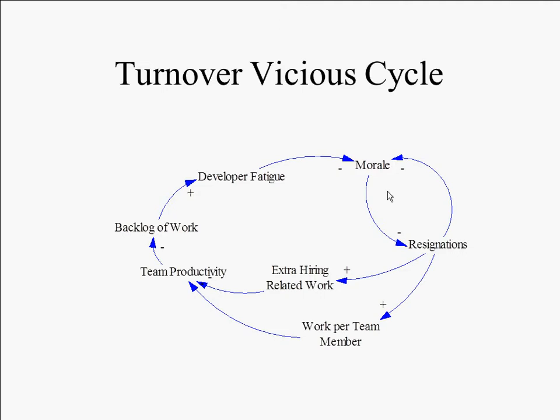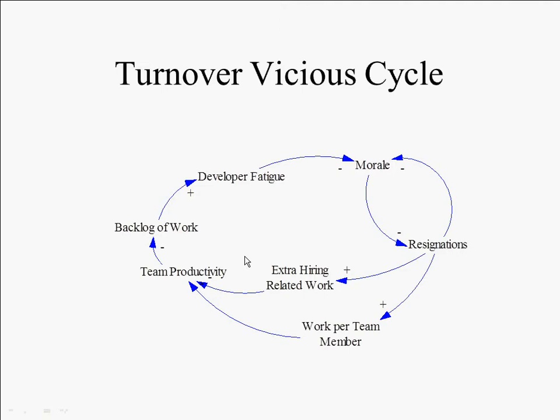This one on the right here. Positive feedback loop. And we know that because it has an even number of negative signs. How about this one here? It's also positive.